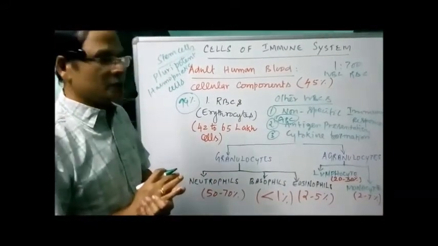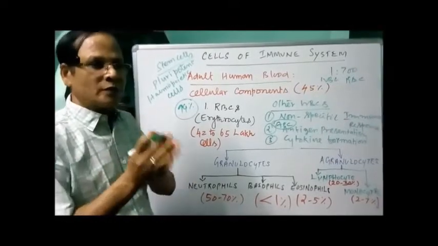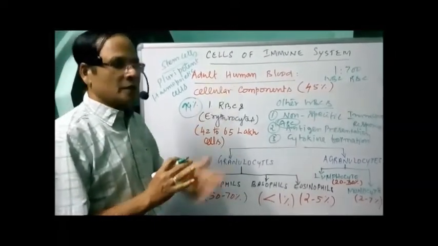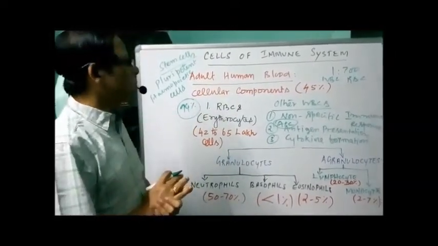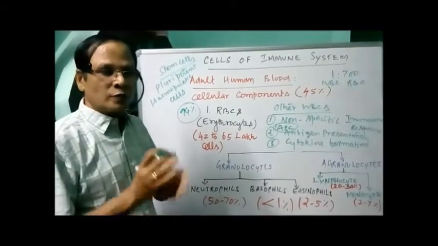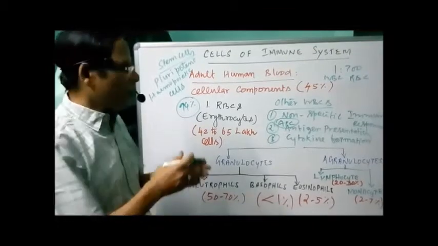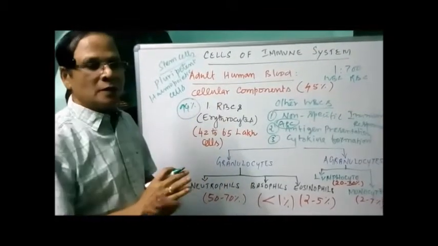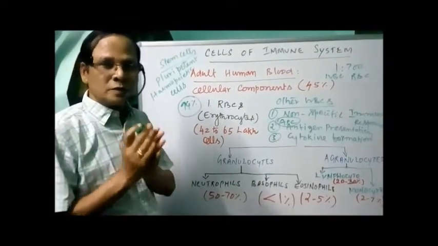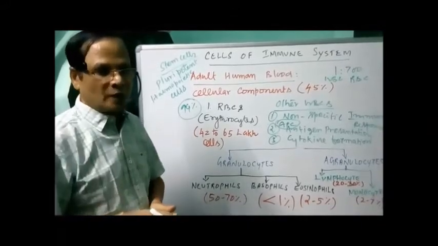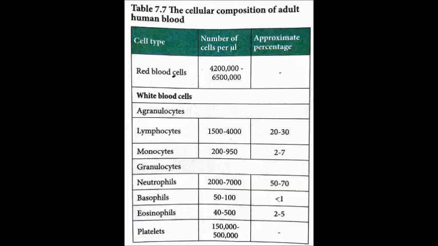But actually we have certain stem cells giving rise to the platelets. Now let's see what are the different types of stem cells, and from which the different types of cells are derived. I'll give the flow chart and then I'll go for the importance of lymphocytes, how the cells are working.